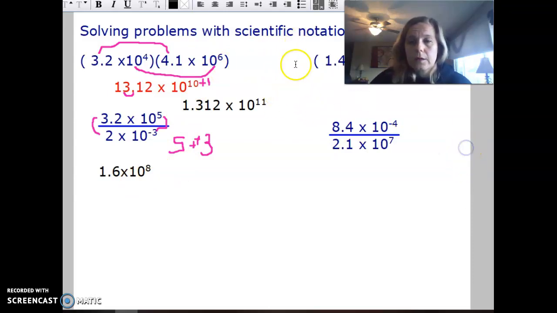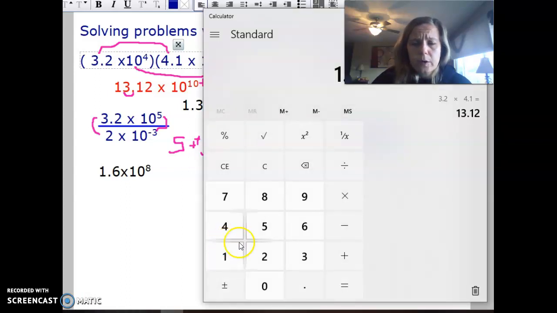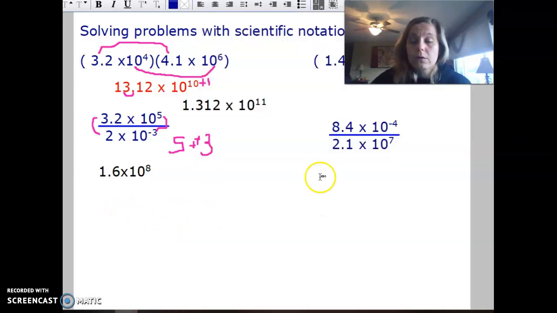Now I realize my camera is in the way of another one, but let's practice our last division problem. So again, we're going to go 8.4 divided by 2.1, and we get 4. So we get 4 times 10.